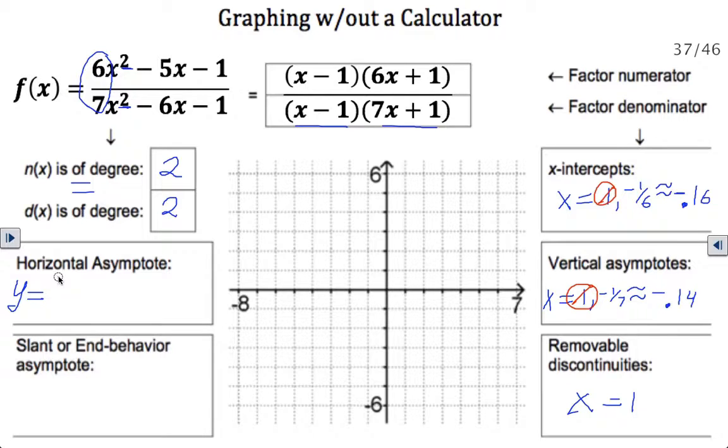So your horizontal asymptote is at y equals 6 over 7. And that is approximately equal to 0.86, if I remember correctly. All right. So guys, you will have a scientific calculator, so if you have any weird fractions like this, you will be able to type them in the calculator and find out that they're 0.86.